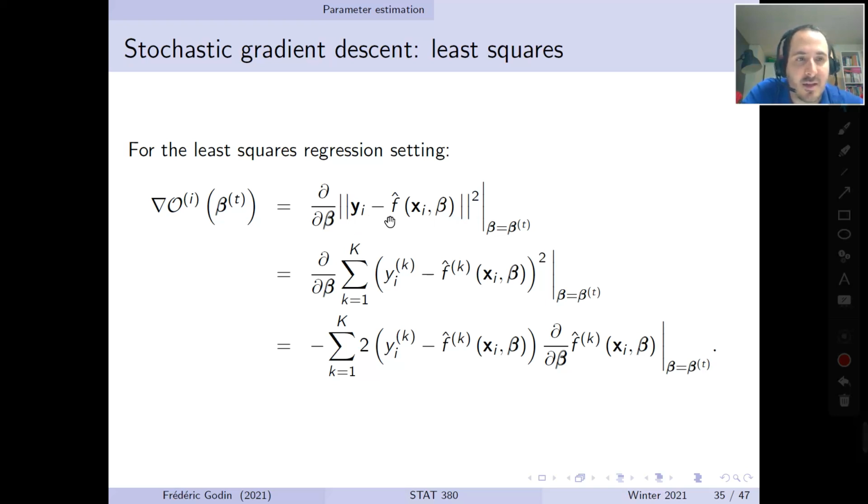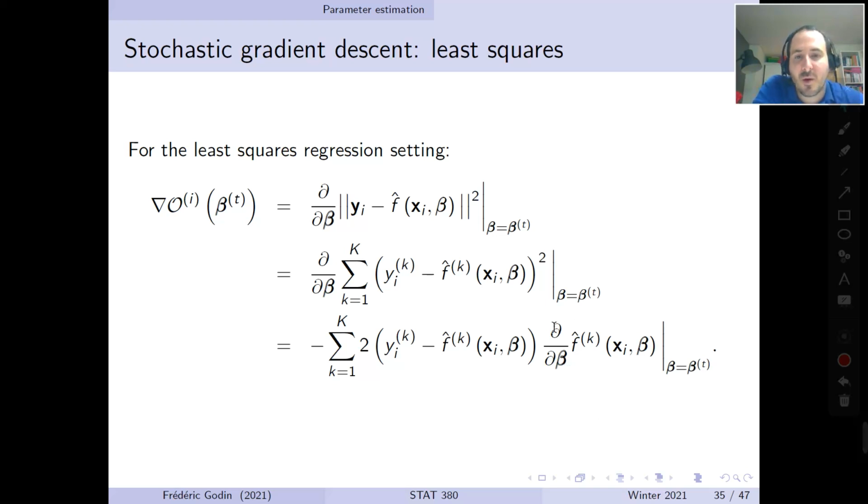This is a squared Euclidean distance between the vector of responses and the vector of predictions, so it's a sum of squared discrepancies between the kth element of the response vector and the kth element of the prediction vector. If we apply the derivative on that square, the 2 goes in front, and the minus in the interior also goes in front, so it becomes minus 2. The square becomes a 1, and what remains is to differentiate this function f, the function of predictions, with respect to the various parameters.